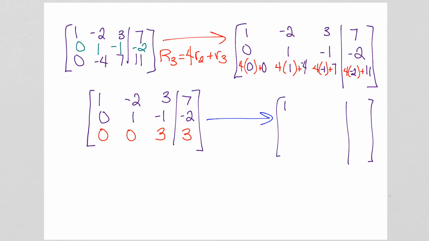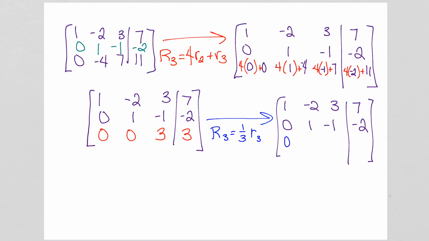So again, we're just dealing with row 3, so I'm going to go ahead and write down the other 2 rows. And so on row 3, how do we make this 3 a 1? We can divide by 3 or multiply by 1/3.